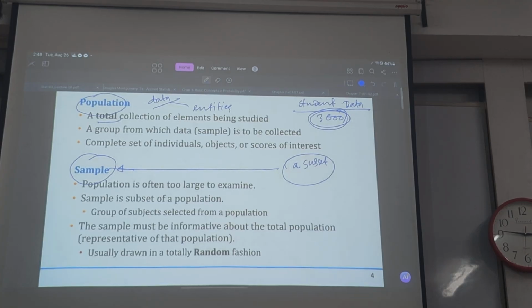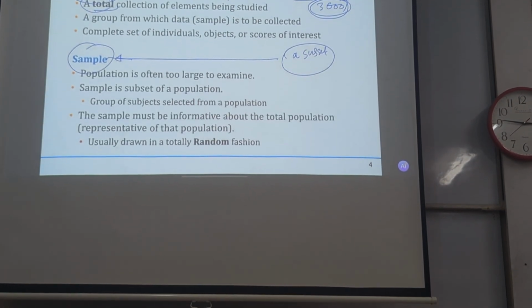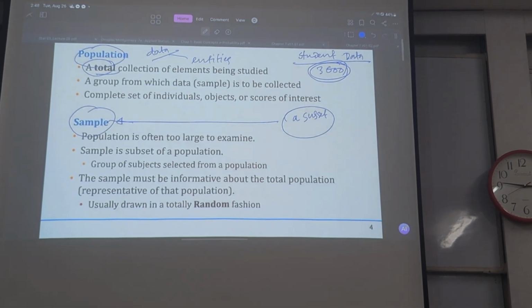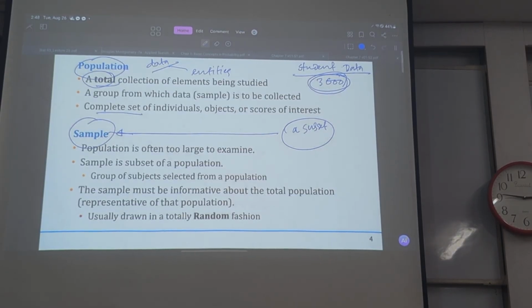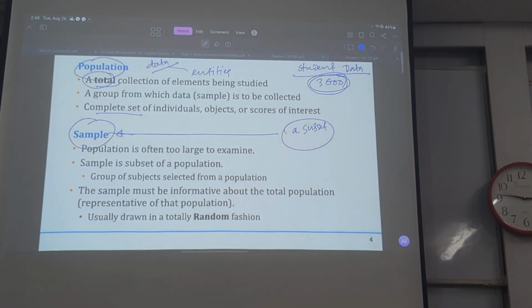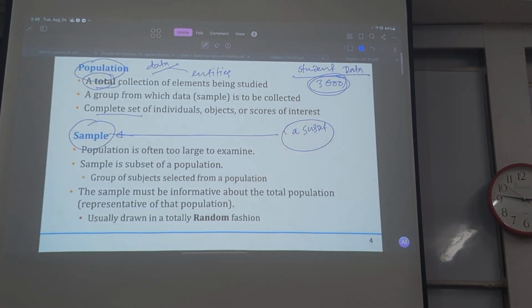So we always consider that the population actually exists, but we may or may not have enough information about it. It is the complete set: the population is supposed to have all the data.